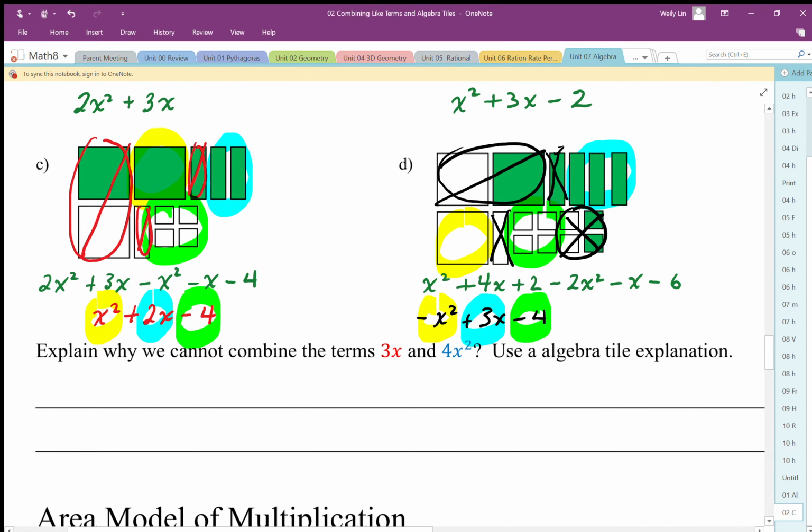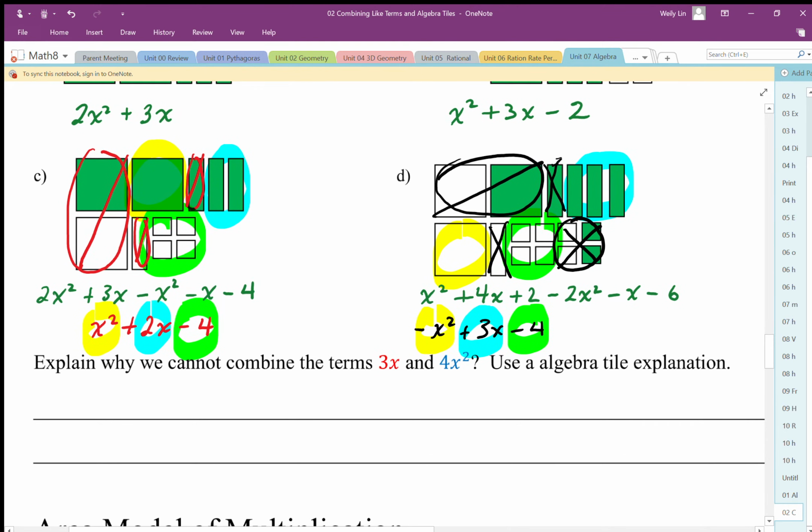So why can we not combine x with x squared? X's with x squareds, basically. Well, when we look at the picture, x squared and x's are different. They're just different shapes. We cannot combine things that are different. So that's the basic explanation of this.